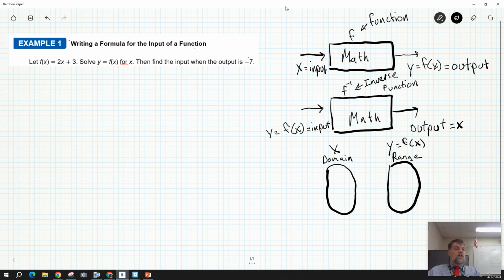And then think of it like this. If I have an input value of the number 3, and I do some math, and it spits out the number 5. Well, f is the function. But then if I take that 5 and plug it into the inverse, it will give me 3. So the inverse undoes what was done from the original function.